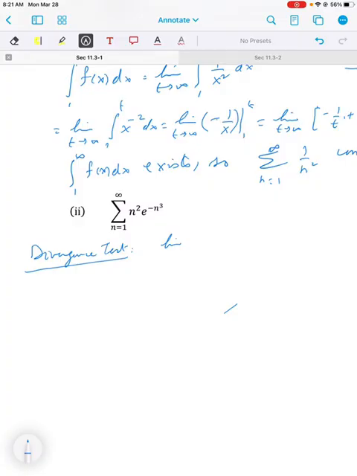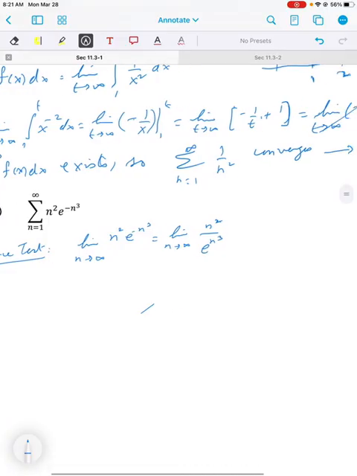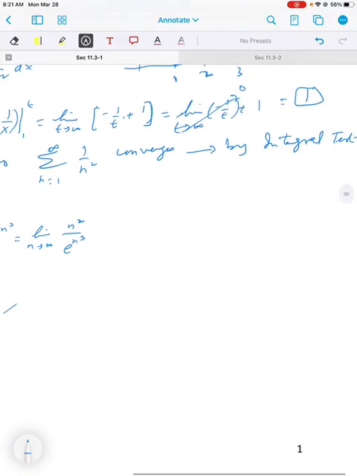okay, so the divergence test means we are trying to find the limit of n squared e to the minus n cubed as n goes to infinity. Which is the limit as n goes to infinity of n squared over e to the n cubed. Okay. And you can apply L'Hopital's rule in this case, and you will see that you end up getting 0.